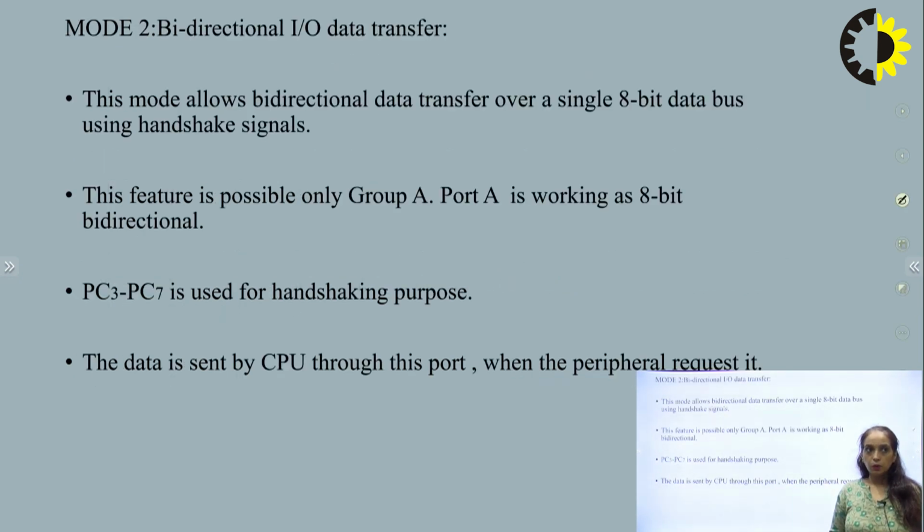Then mode 2 is bidirectional IO data transfer. This mode allows bidirectional data transfer over a single 8-bit data port using a handshake signal. This feature is possible only for group A. Port A works as an 8-bit bidirectional port, and port C upper, that is PC7 to PC3, is used to generate the handshaking signals.